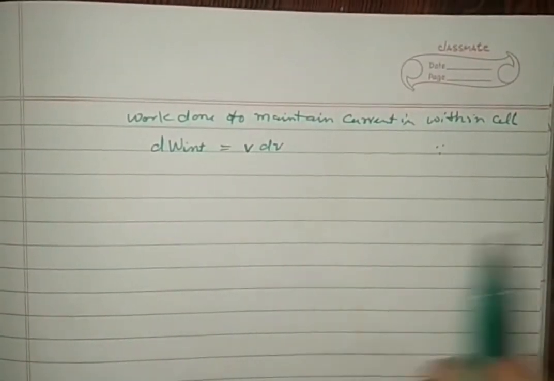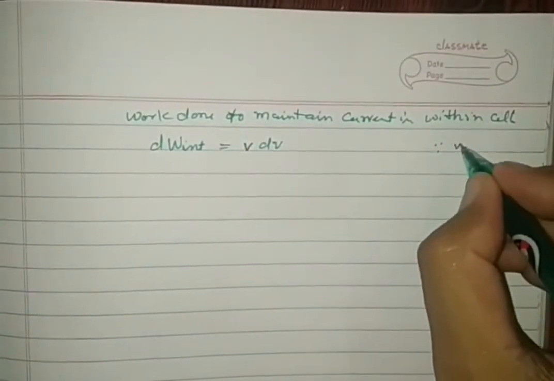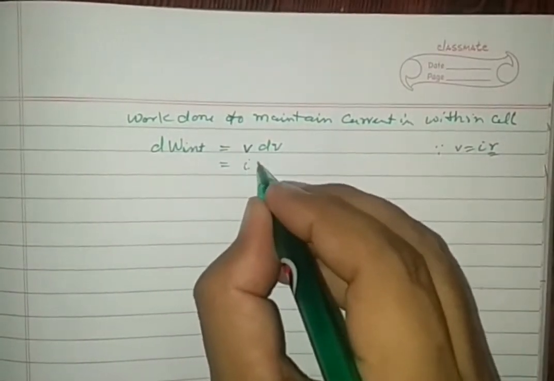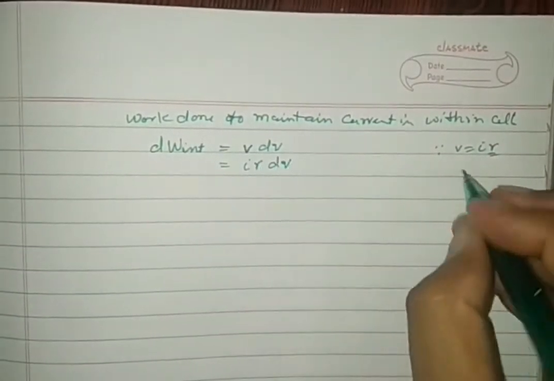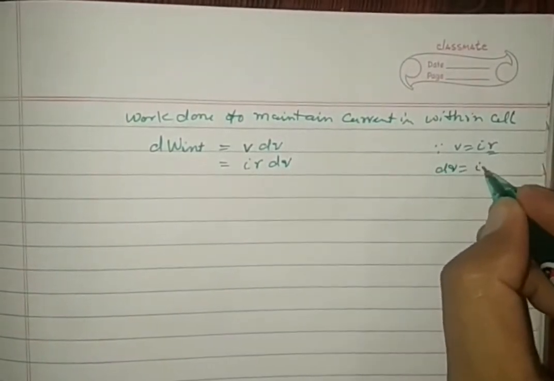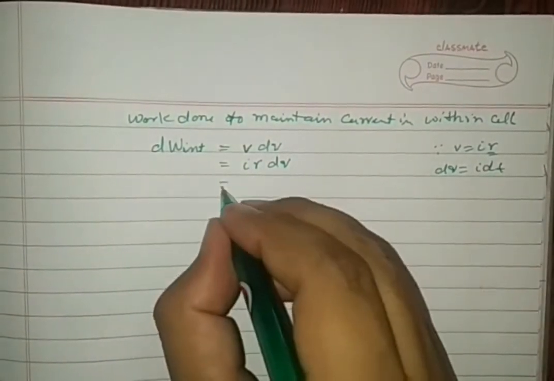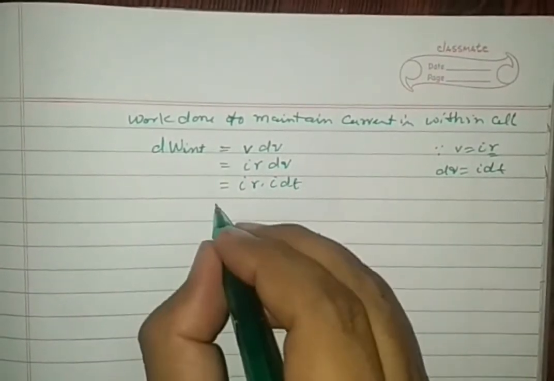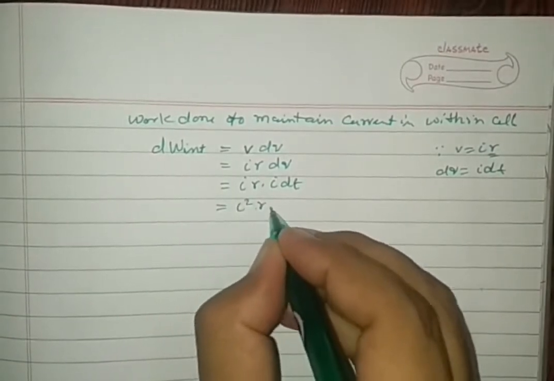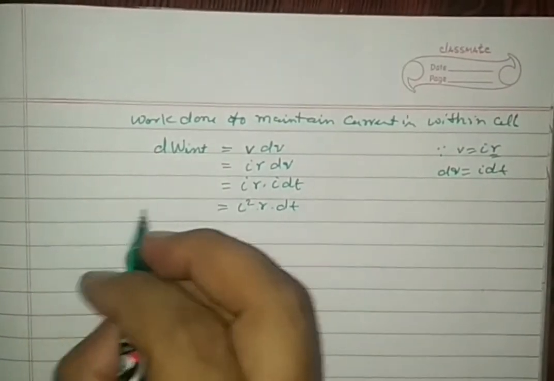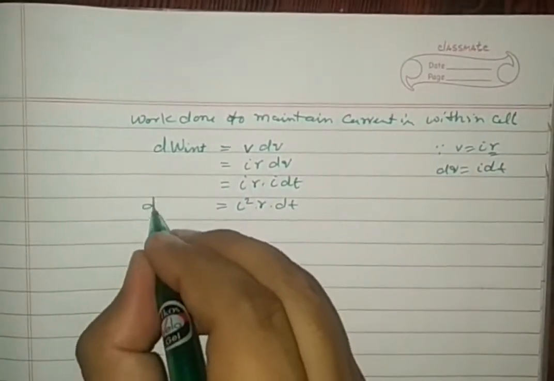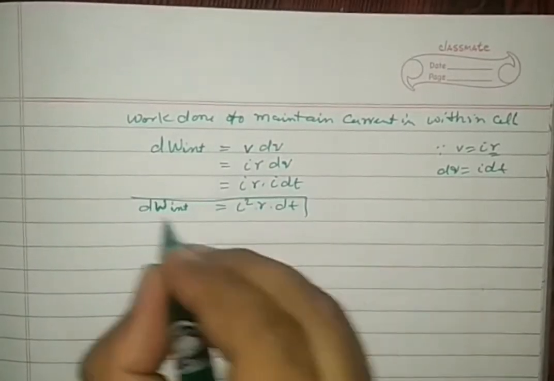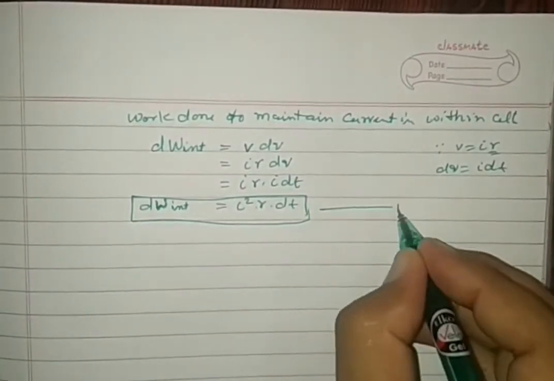The same current I is flowing in the whole circuit, so this small v is equal to I into the internal resistance of the cell, r. So it is I r dq, and dq is I dt, so it becomes I r into I dt, which is equal to I square r dt, right? So this is the work done dW internal. It is given by equation 3.